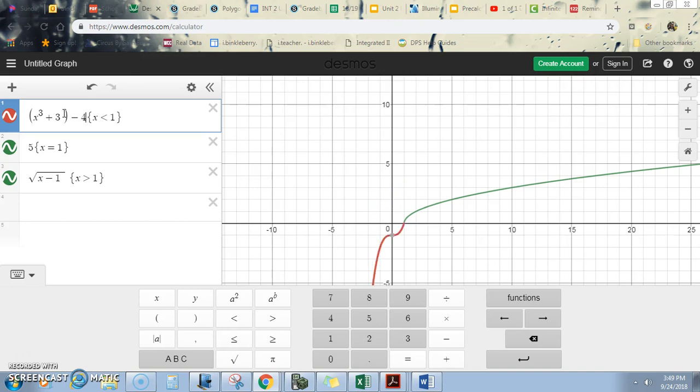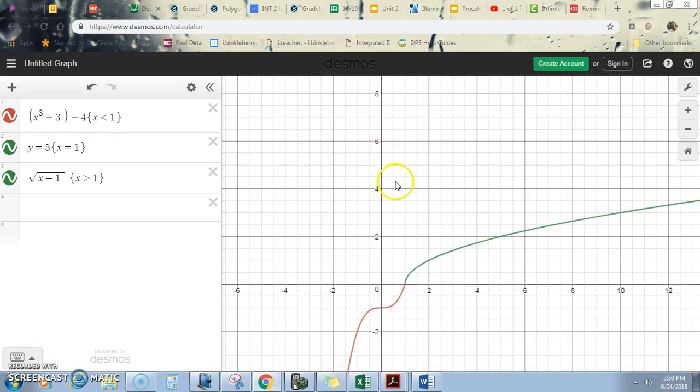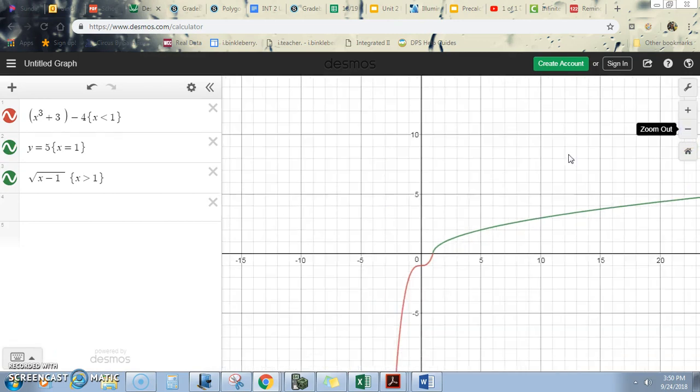Look, I just moved it down 4 because that's where it was. And while I'm at it, you guys, I think that that y equals 5, I was not putting my yellow dot in the right place. Let's see if I can actually get it here. That y equals 5, there should literally be a dot right here for x equals 1. And I don't know why it isn't.